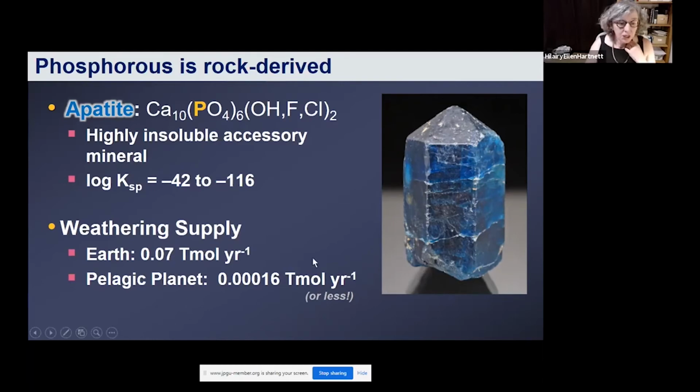On our pelagic planet, where we've shut down the subaerial weathering, the continental weathering, we predict that the phosphorus supply is going to be about 2 to 3 orders of magnitude lower. That reduced phosphorus supply is going to have a big impact on the biological processes in this ocean.